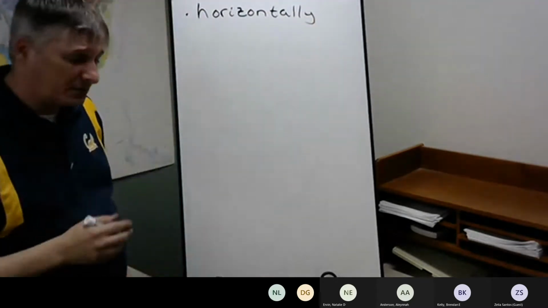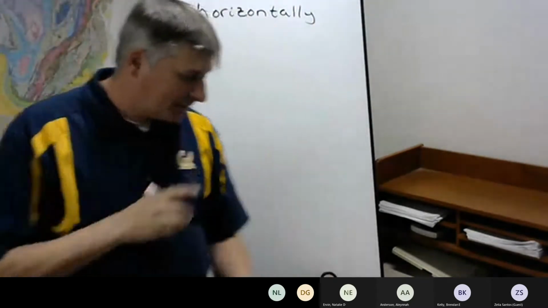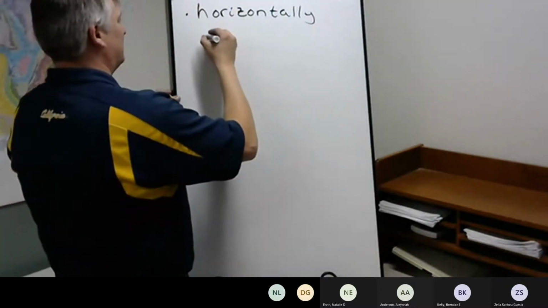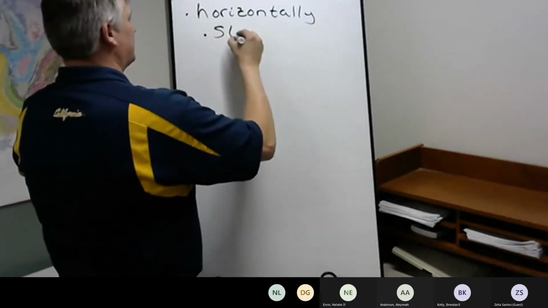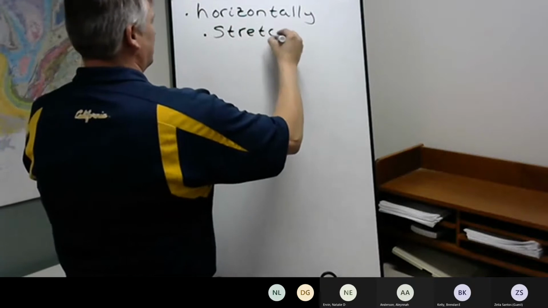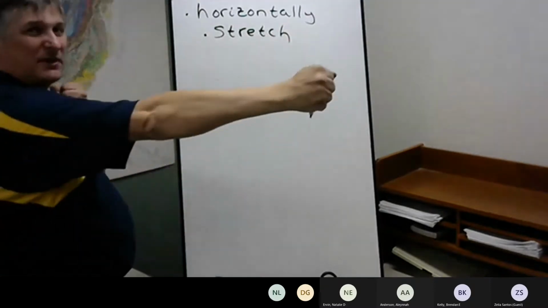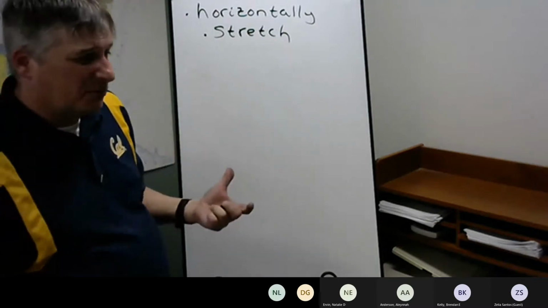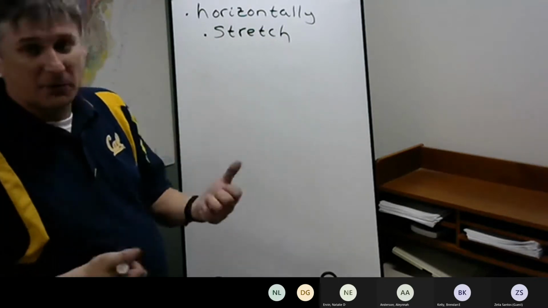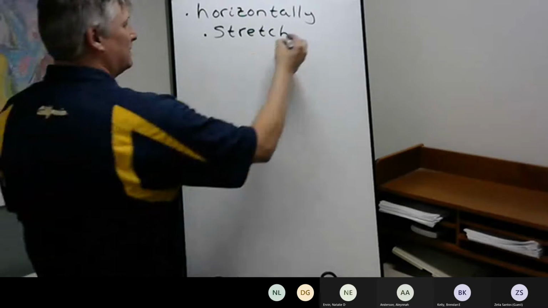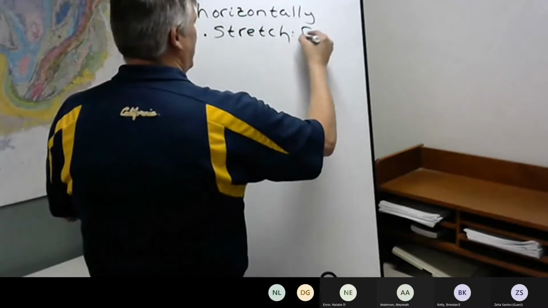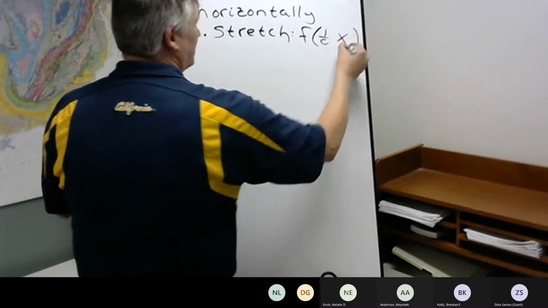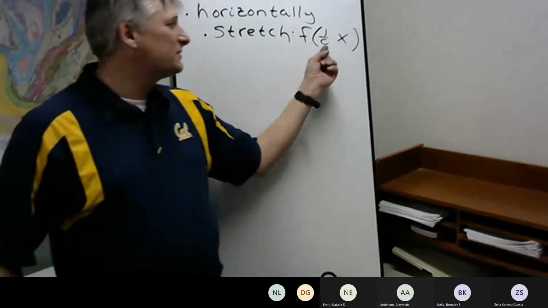So if you're handling this horizontally, if we're going to do a stretch, we're going to pull this thing out like this. It's going to be the reverse of what we do for the vertical. Let me show you what I mean. It'll be f of 1 over c times x, where the 1 over c is on the inside.